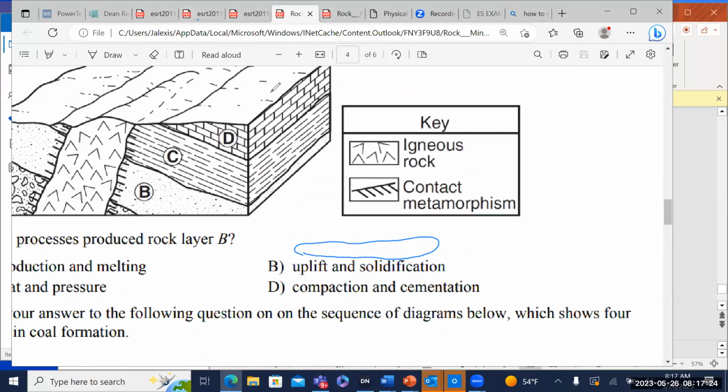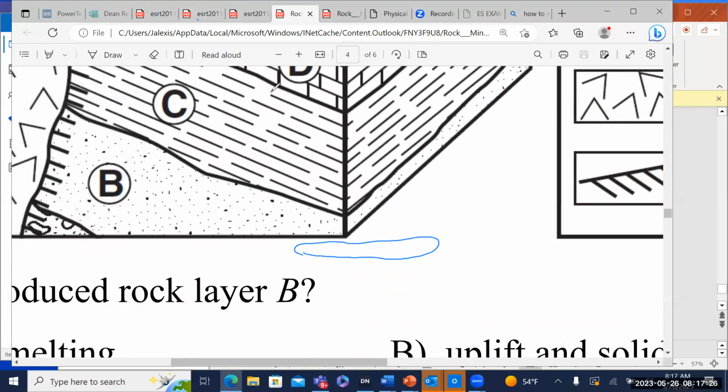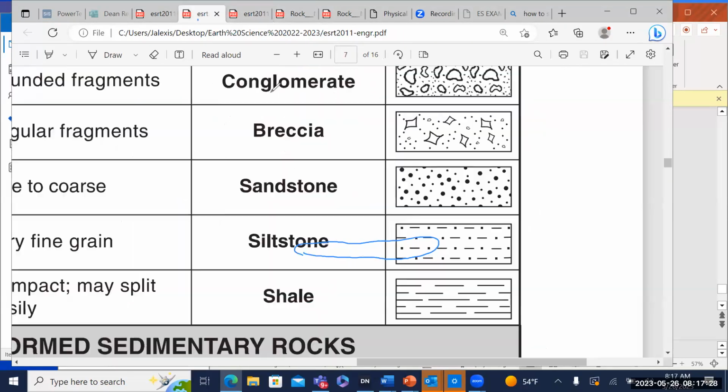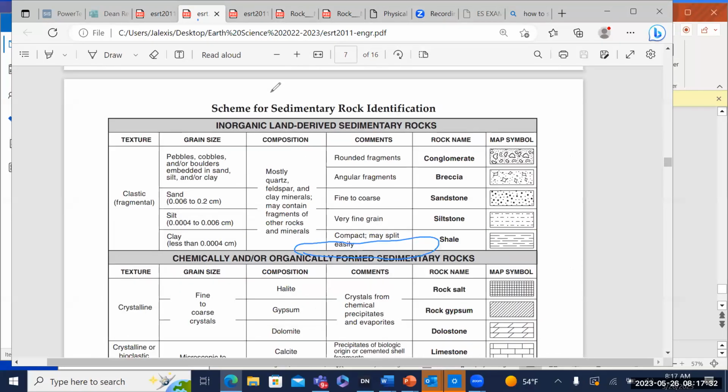If you look at letter B, the map symbol looks very much like sandstone. And what do I know about sandstone? Sandstone is a clastic sedimentary rock. So that lets me know compaction and cementation is involved in this process. And so that's why it is choice D.